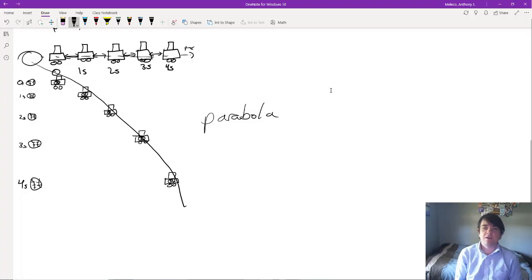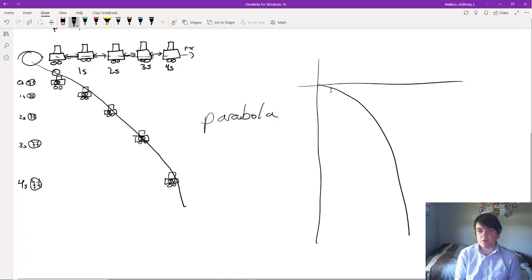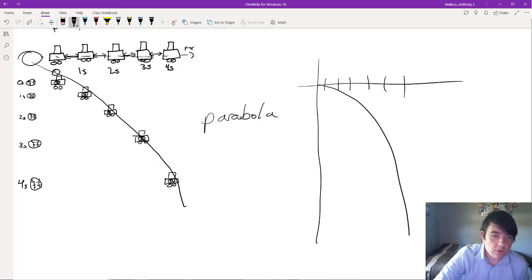We're accelerating down, so the motion in the y is increasing more and more per constant time. So that's what we're going to see: objects move constantly in the x and change in the y.